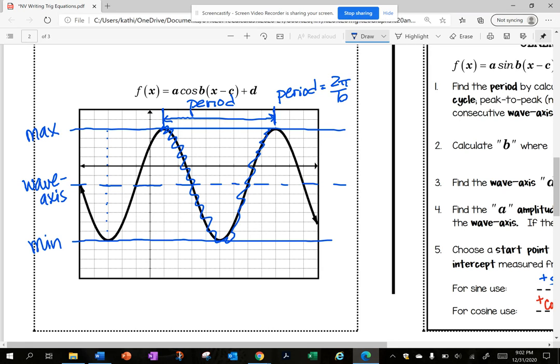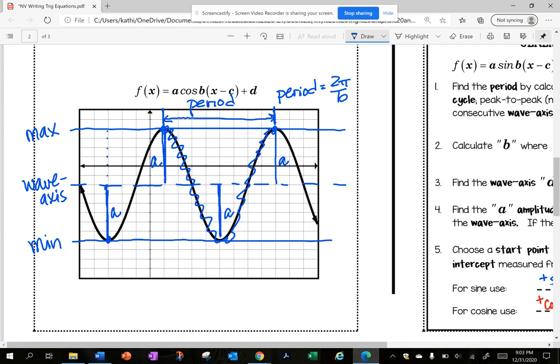Okay, so my A value is from a minimum or a maximum to the wave axis. So I see this in multiple places on this graph. B, we said, is 2 pi divided by the period, and the period is 1 cycle from peak to peak. So maximum to maximum, minimum to minimum, or 3 wave axes in a row.